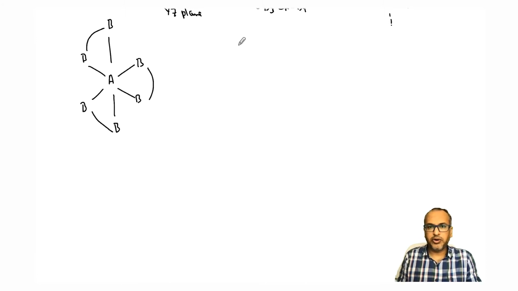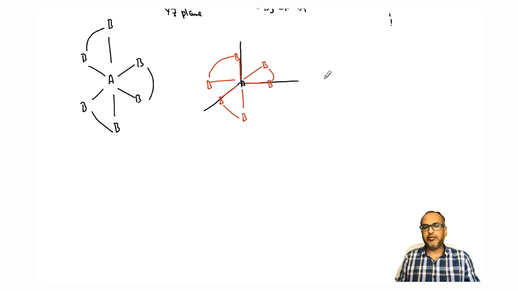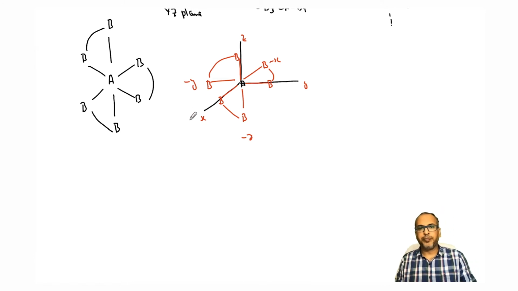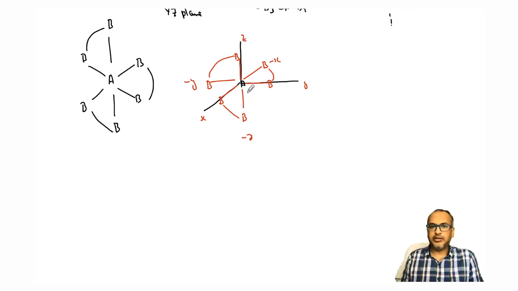So now if you try to draw this molecule again in the same fashion, it will not work. So if I'm trying to draw it like this, and then I'm saying that I have connected these, then it will not work. Okay, this is my X, Y, Z, minus Z, minus X, minus Y. All right. So let us say that this is it.